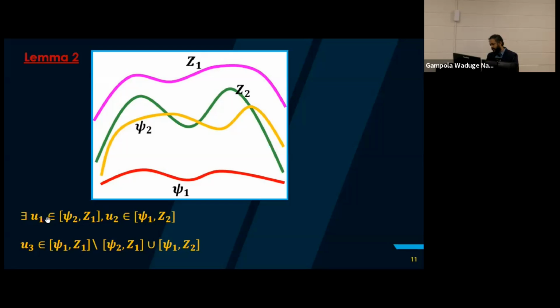Of course, the existence of these two solutions comes from the previous lemma. And there exists a third solution in this particular interval, which can be shown using degree theory.